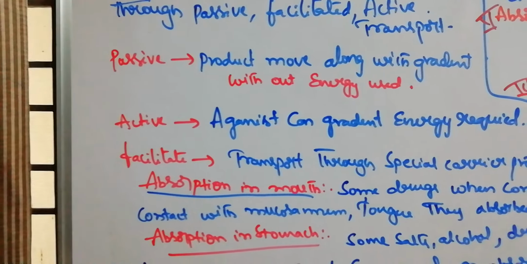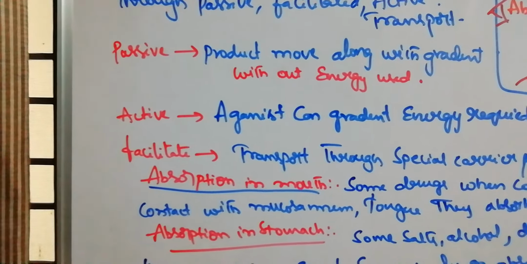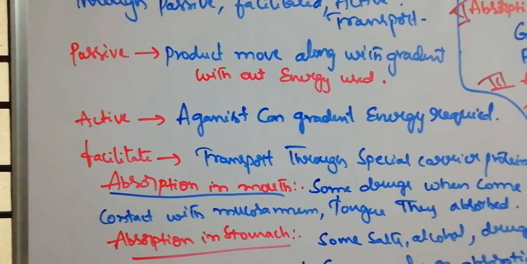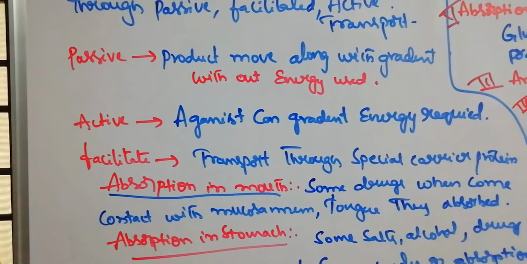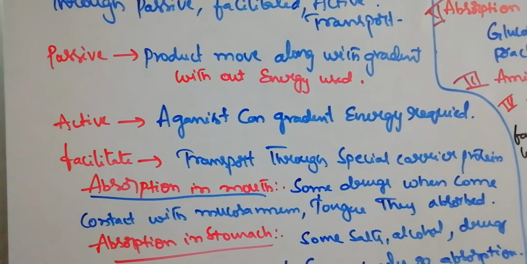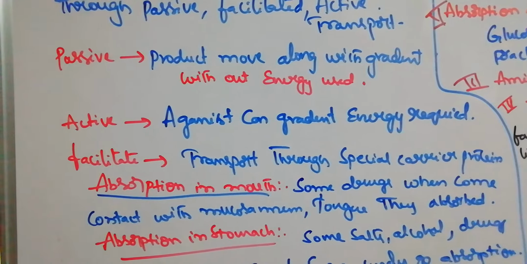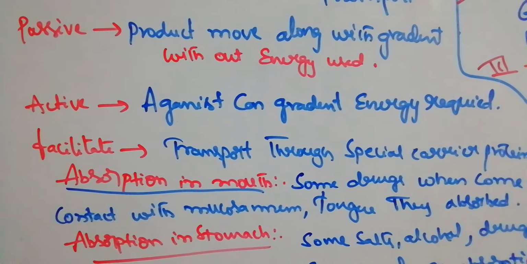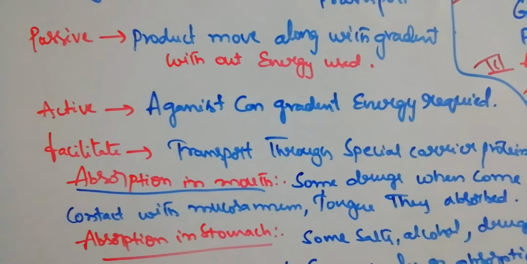Whereas active transport means energy is required, because it is moving opposite to the concentration gradient. Moving opposite requires energy. That's why it is energy-requiring transportation, and we call it active transportation.